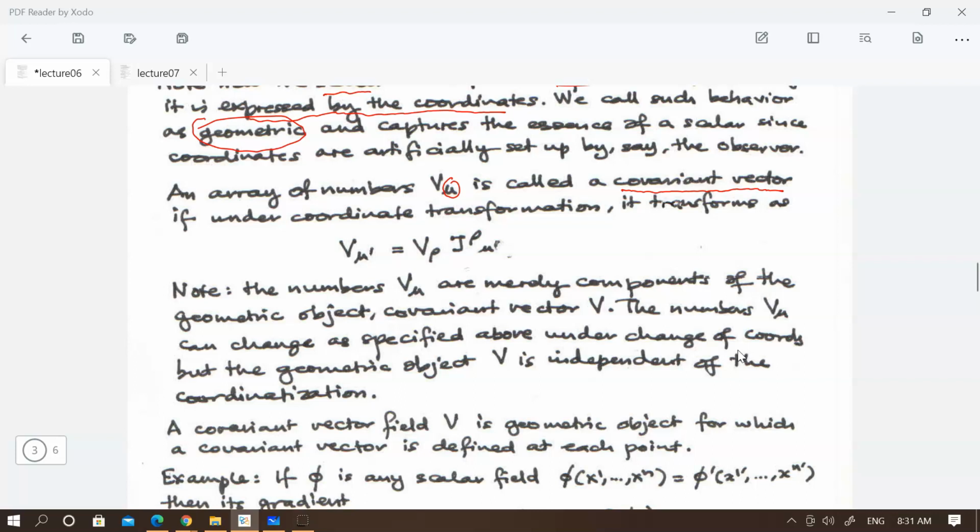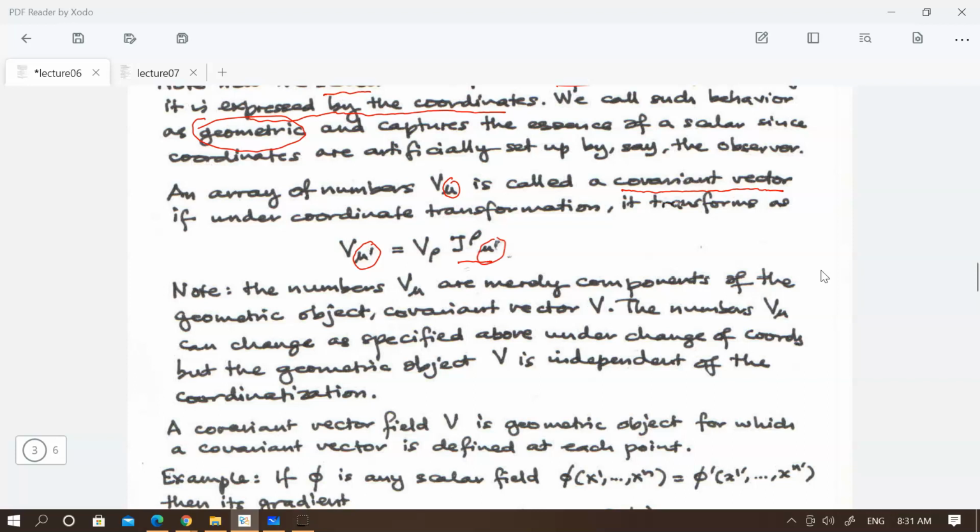So you can see that the covariant vector uses the inverse Jacobian here. So again, at this point you might ask, how do you know which is which? Well, in this particular case, you just look at the free index mu dash at the bottom. So I must have mu dash at the bottom.